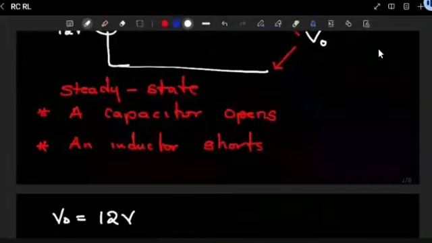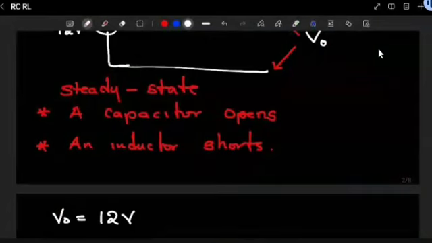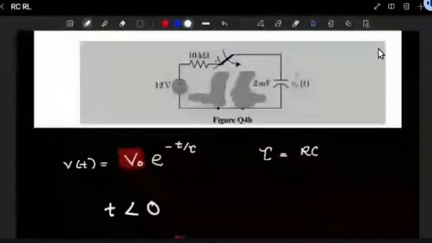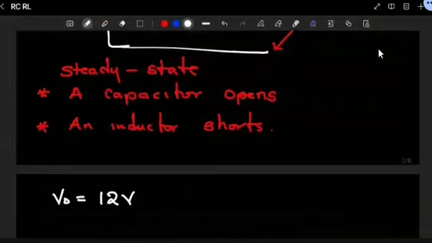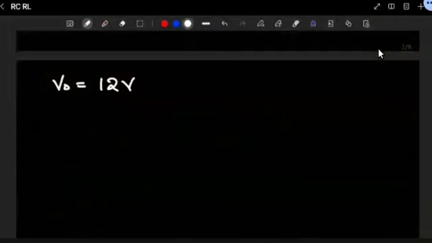Once we know what V0 is, remember we need V0 and the time constant to feed this. So now let's get the time constant. For a capacitor, we did indicate that the time constant is RC. Now you have to understand that for this question, we have 3 intervals.